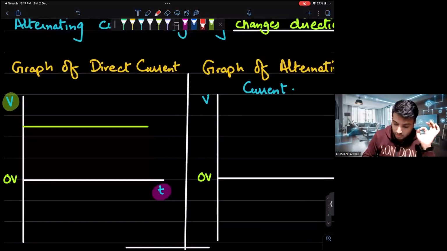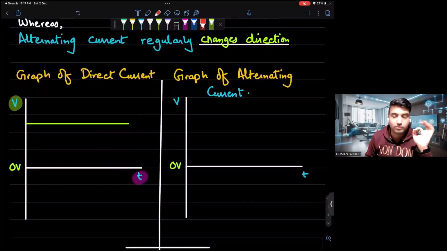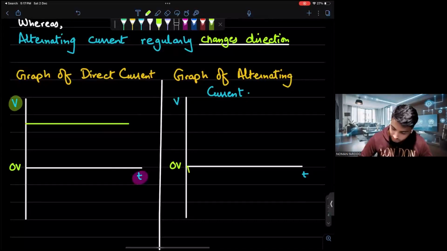All right, now let us discuss the graph of alternating current. We know the graph of direct current is a straight horizontal line, and for alternating current the graph is like this. We have a curve.